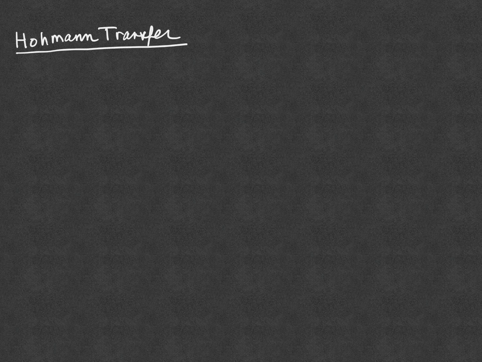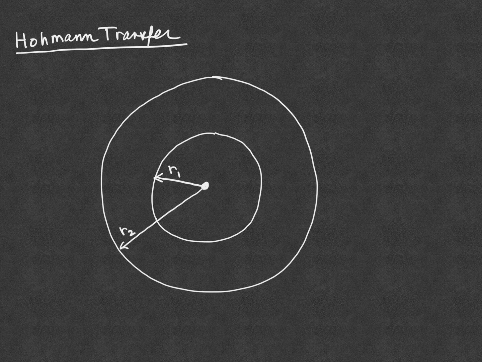So we will now focus on the most basic two-impulse orbit transfer between coplanar circular orbits, called the Hohmann transfer. Now going back to our diagram, the Hohmann transfer has the following form. Once again, the transfer orbit is an ellipse, and it's an ellipse in such a way that it is tangent to both the initial and the terminal orbit.